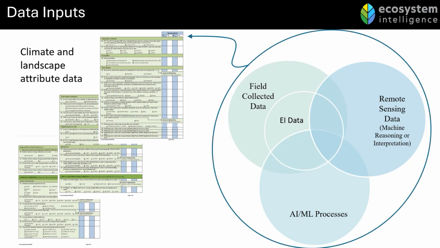But most of the data is field collected, but there is also remotely sensed data that's already in there, existing data sets that we're drawing from, particularly with the climate attributes, right?